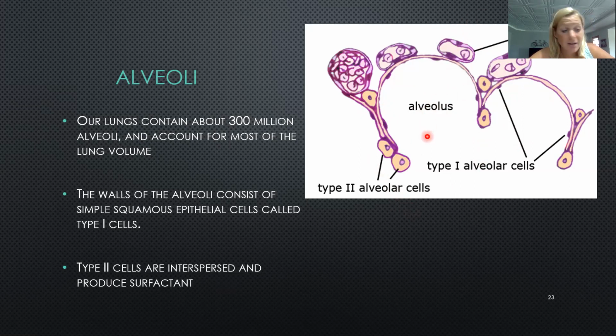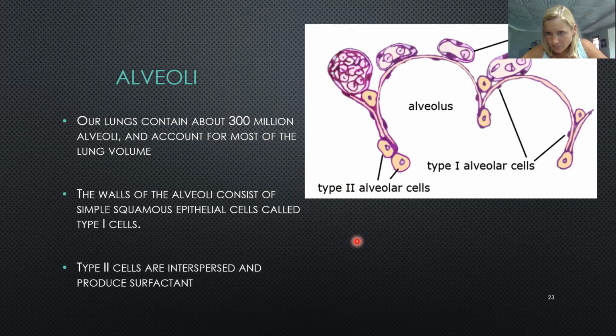That surfactant that comes from these type 2 cells has one job. It's going to help decrease the surface tension of the alveoli and helps keep the alveoli from deflating. Think about blowing up a balloon.